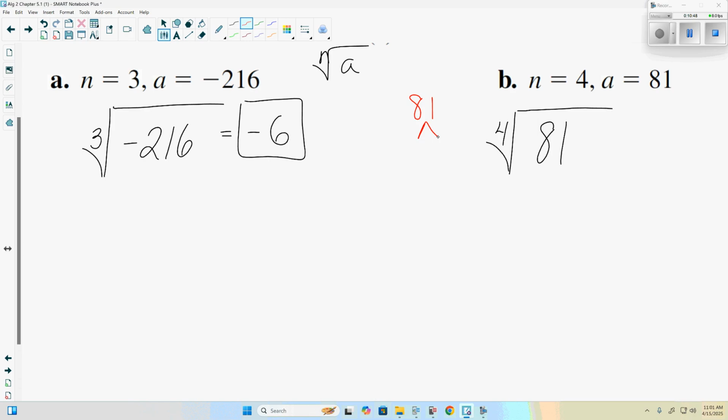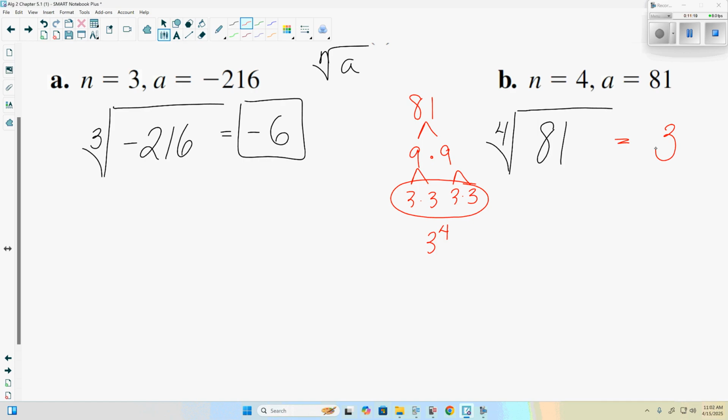So 9 times 9. 9 would be 3 and 3. So our factor tree version is telling us that 81 is indeed 3 to the 4th. So what number times itself 4 times is 81? 3. So the fourth root of 81 is 3.